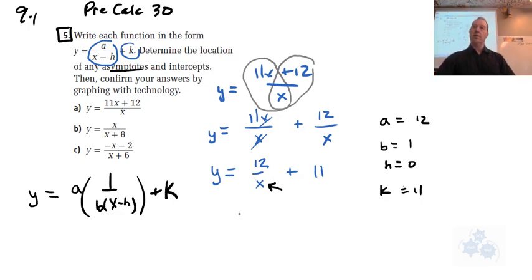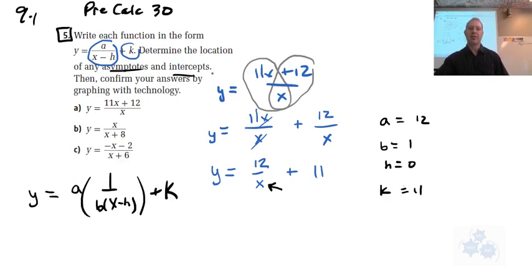Does that make sense? So what kind of asymptote do we have if we have an x value that causes the denominator to be 0? Vertical or horizontal or what? Okay. So let's come back to it.